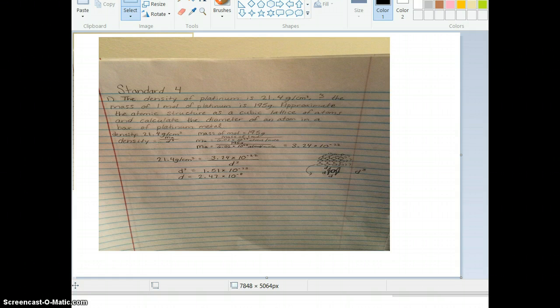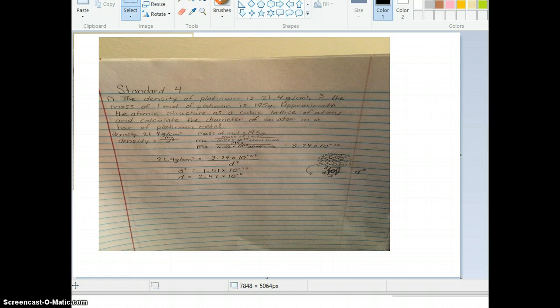Our density formula is the mass of one atom over the diameter cubed, and the mass of an atom is the mass of 1 mole over 6.02 times 10 to the 23rd, which is Avogadro's number. In our problem, that would be 195 grams over Avogadro's number, which gives us 3.24 times 10 to the negative 22.